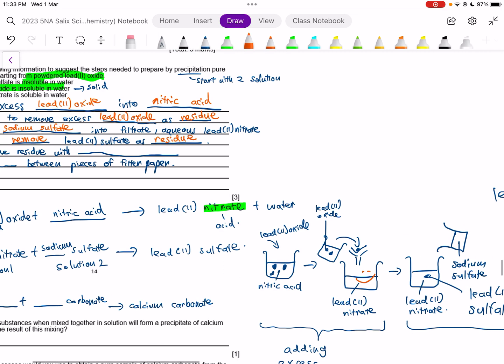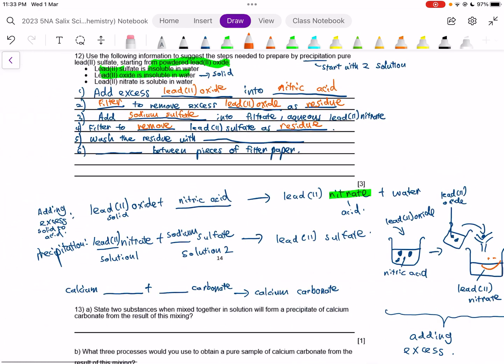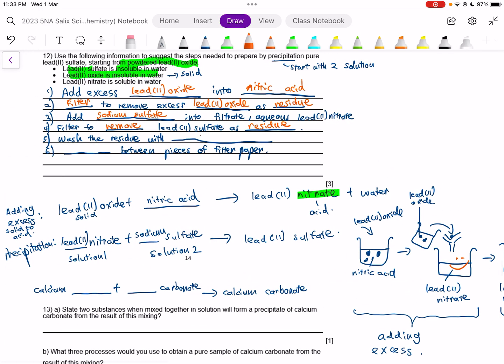Now you want the residue, this one is a residue. Then you wash with cold distilled water and pat dry between pieces of filter paper.